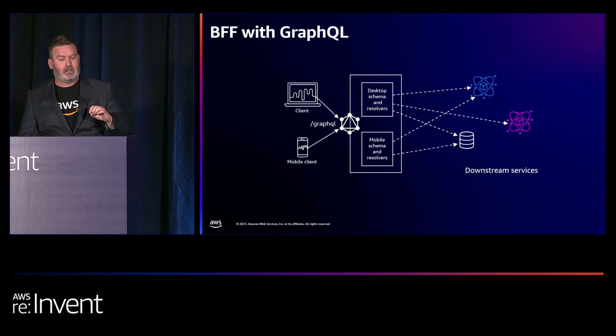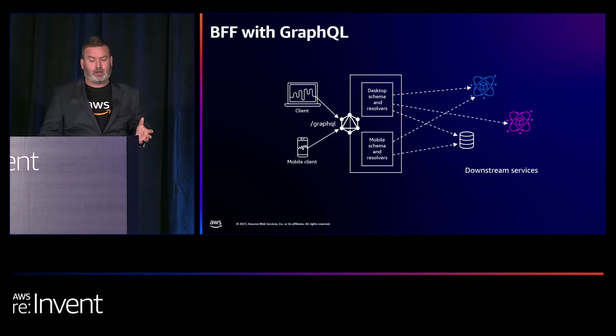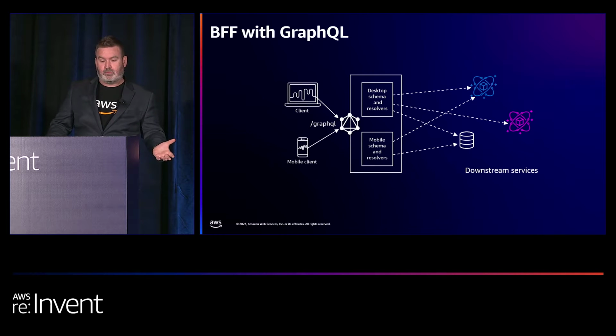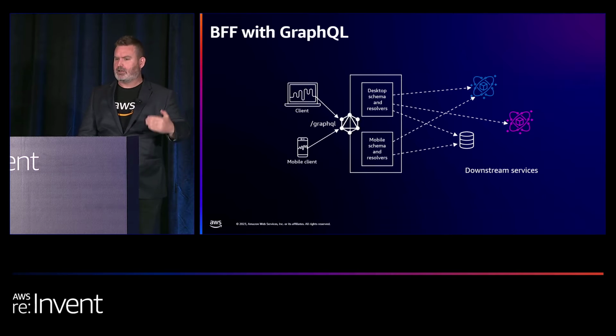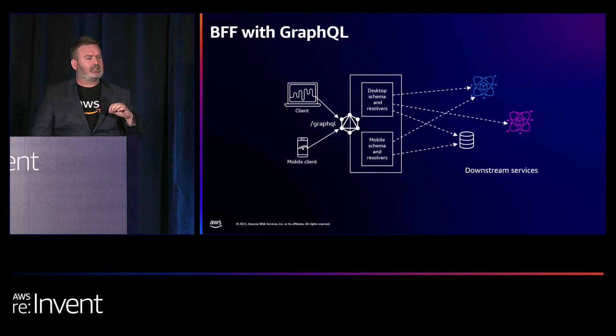Another is the concern of the API endpoint and the multiple domain management. With the backend for front-end pattern, we're used to having multiple endpoints, each specifically for a different device. We'll have a mobile device, we'll have a web device, so we have a different endpoint for each. Both of these concerns can be solved with GraphQL. Obviously the easy one is the endpoint and multiple domain concern. Now, irrespective of your device, you're all pointing to the one endpoint.